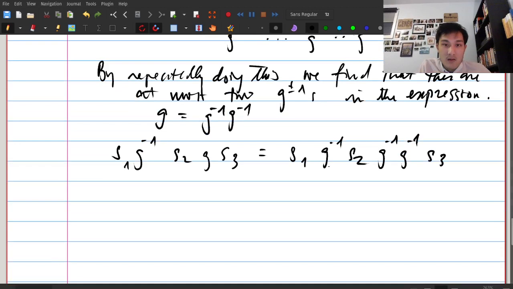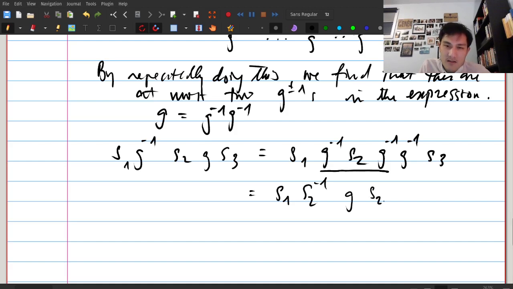And now we see again 2 things side by side, straddling something in the middle. So you get S1, S2 inverse, G, S2 inverse, then G inverse, and S3.